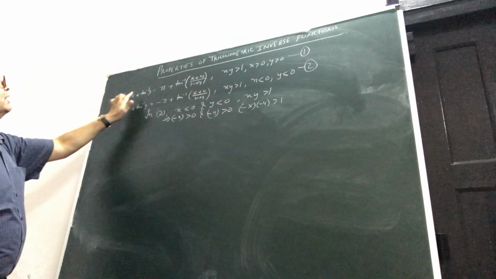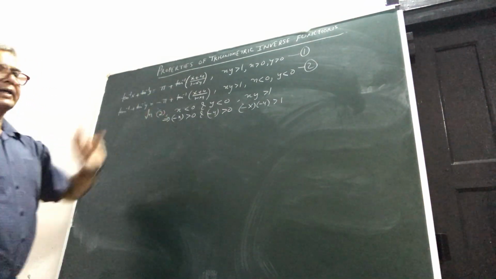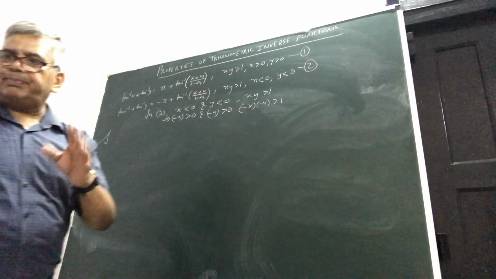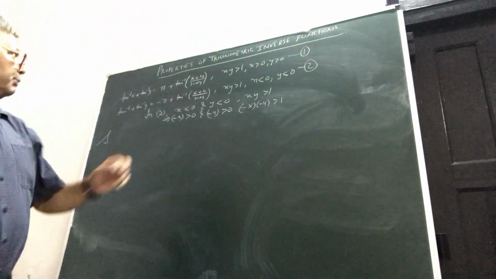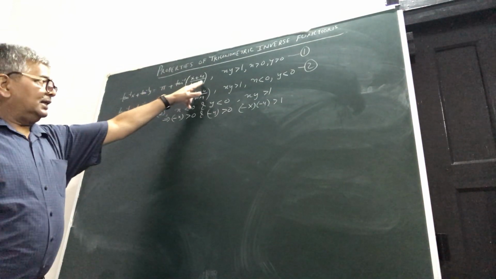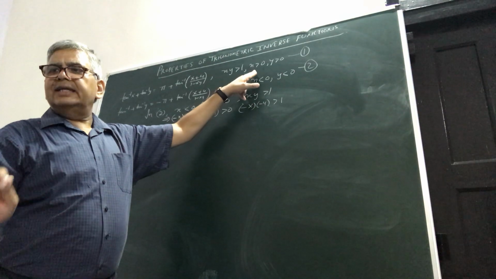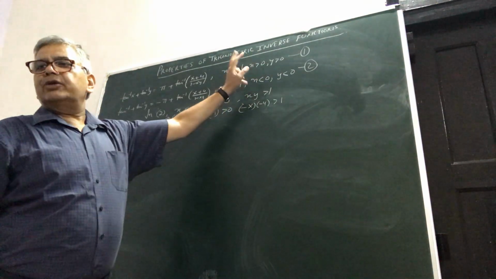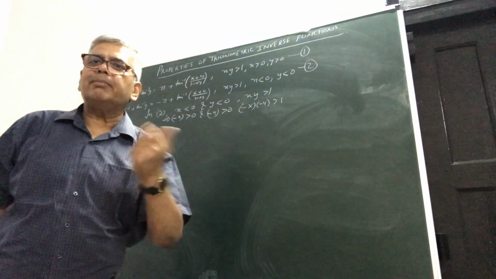In result 1, if we replace x and y by minus x and minus y, because this result holds when x is greater than 0, here minus x is greater than 0 and minus y is greater than 0. So in equation 1, let x and y be replaced respectively by minus x and minus y.